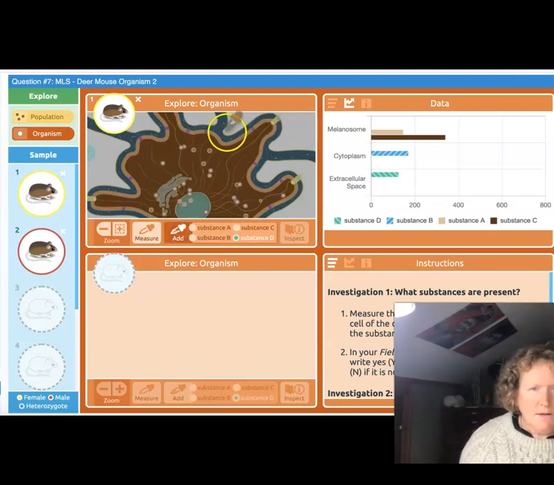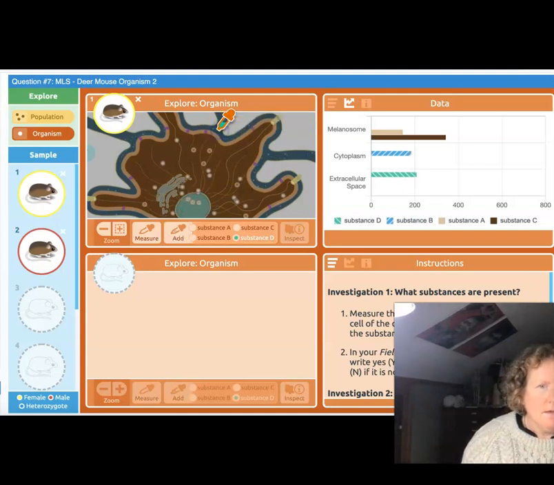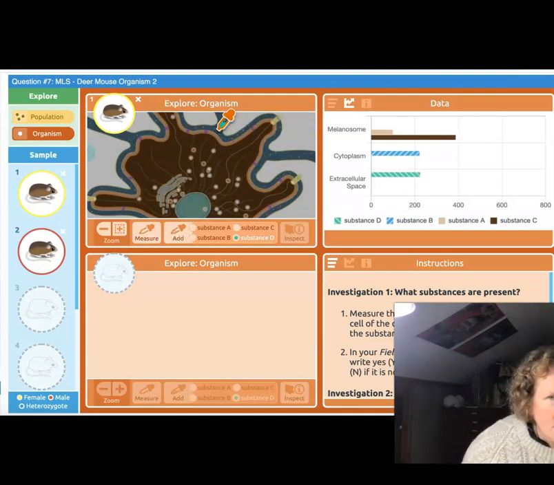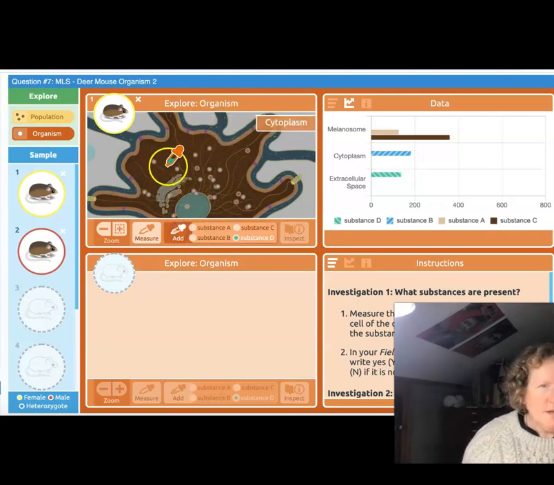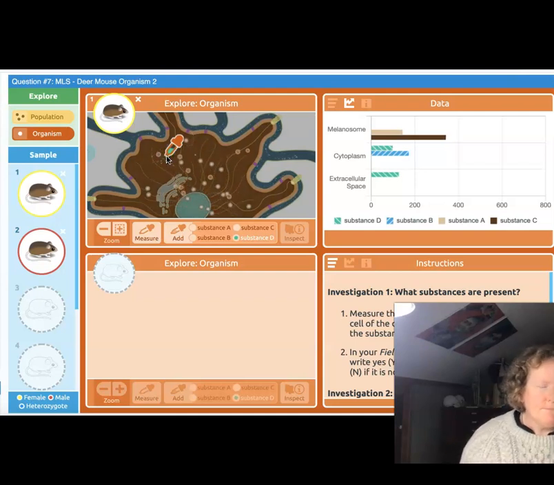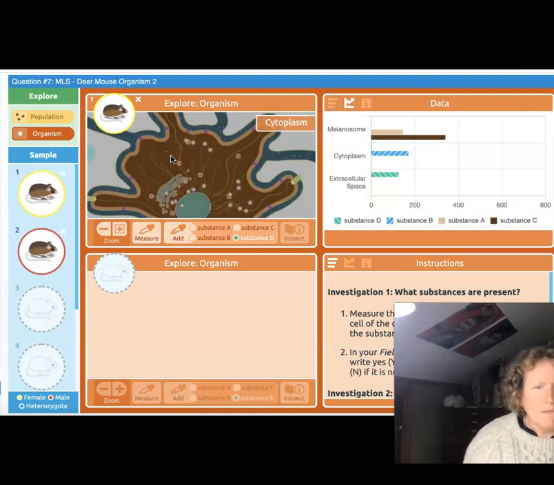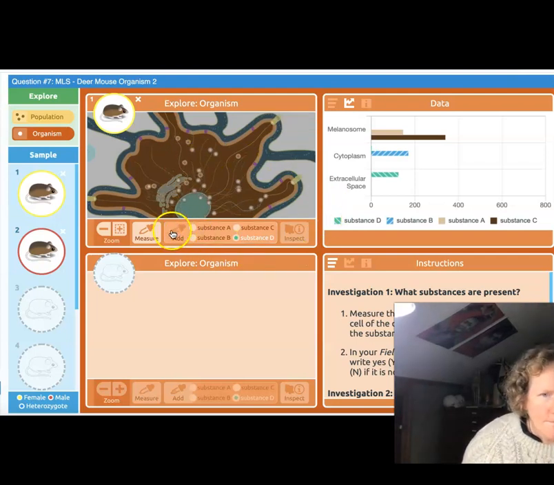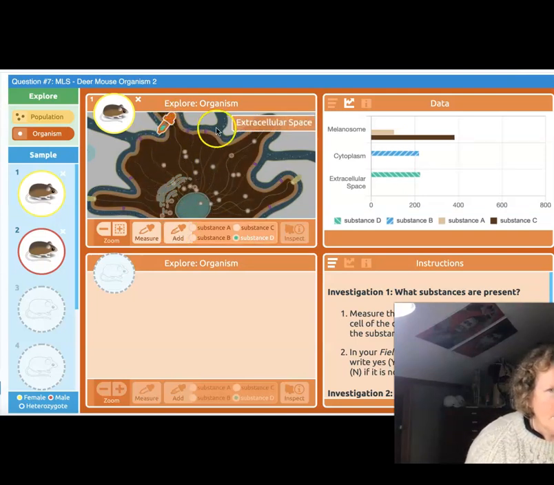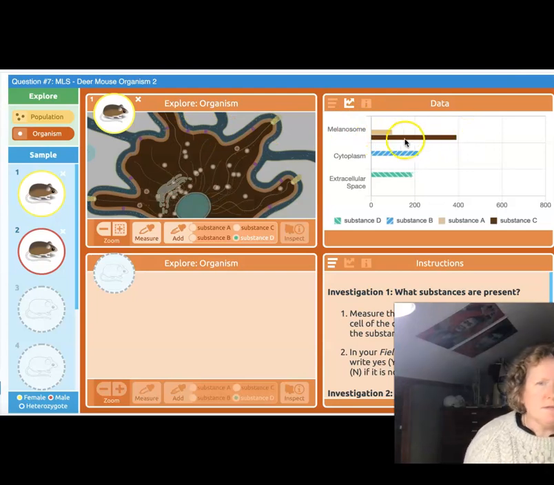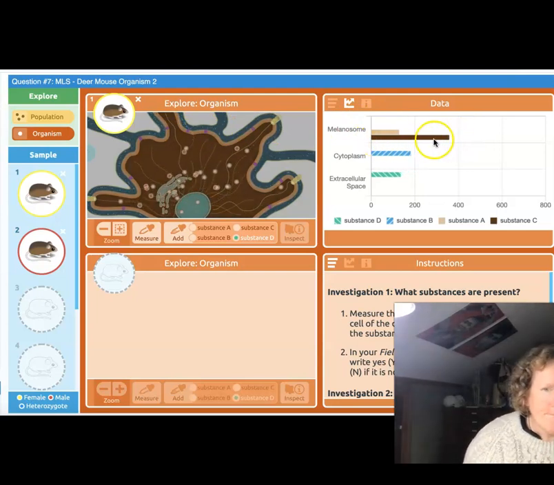So I'll add it in the extracellular space, and then I'll try adding it in the cytoplasm. Let's try the extracellular space again. Well, we did see the melanosome get the substance C really increase here.